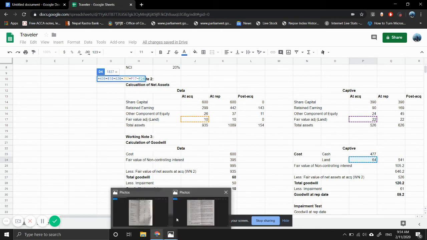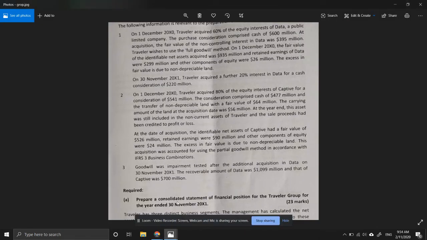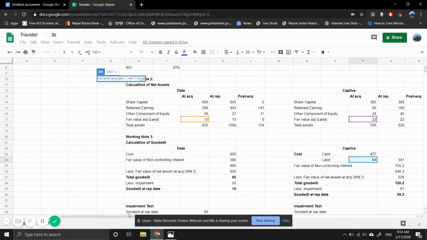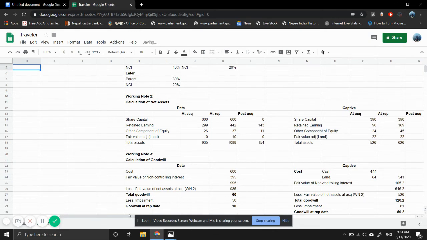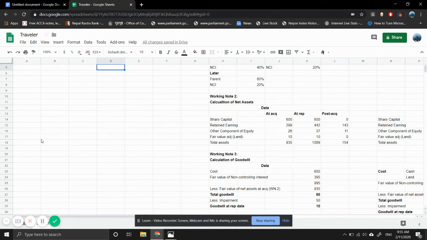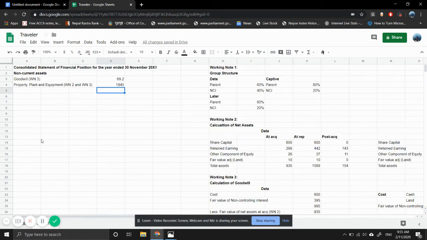I think 64 is the fair value, so only the carrying amount will be reduced from PPE, so it will be 56 only. Why did we do that?